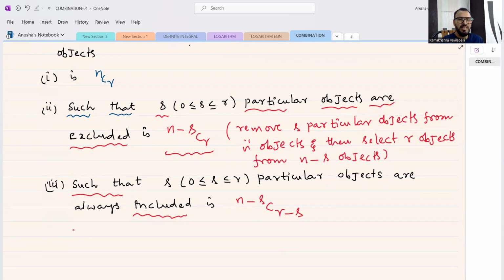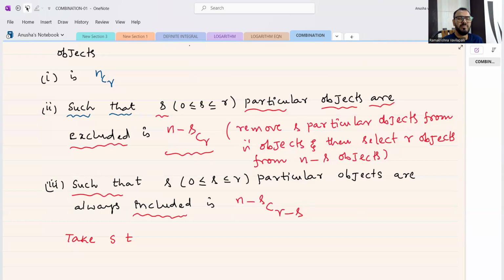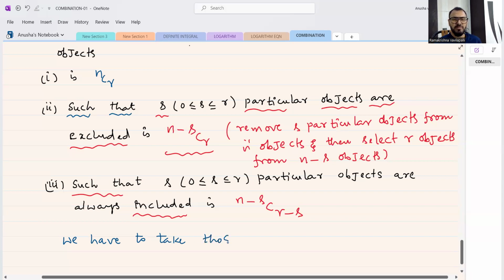Well, take s objects. We have to take those s particular objects.